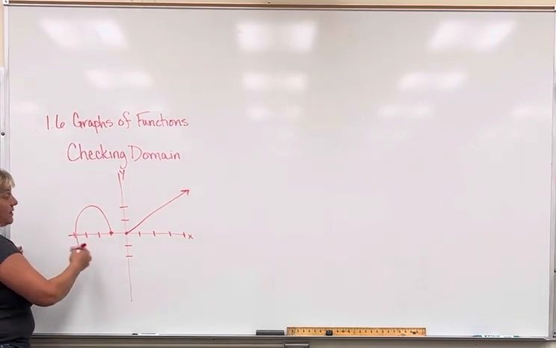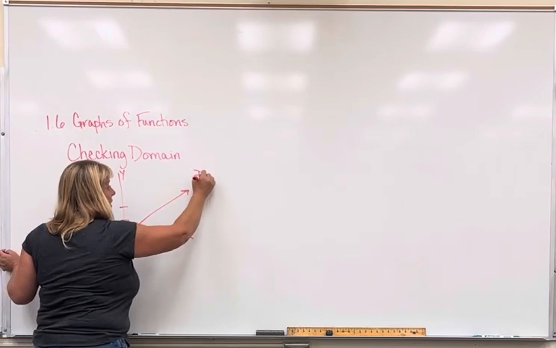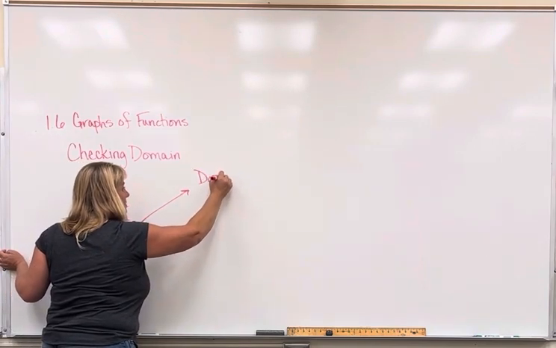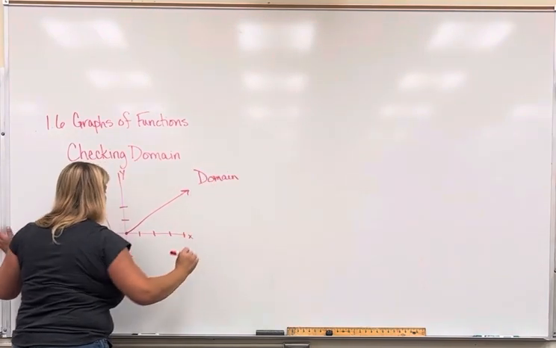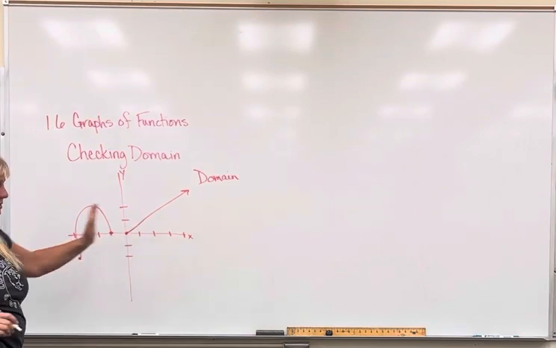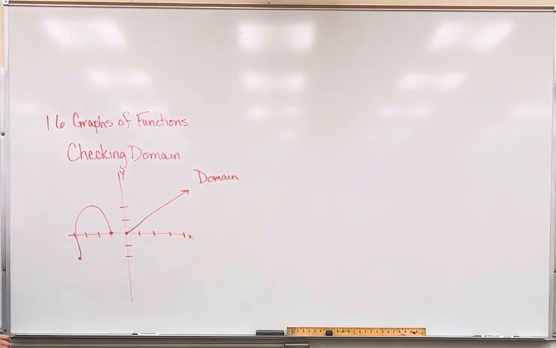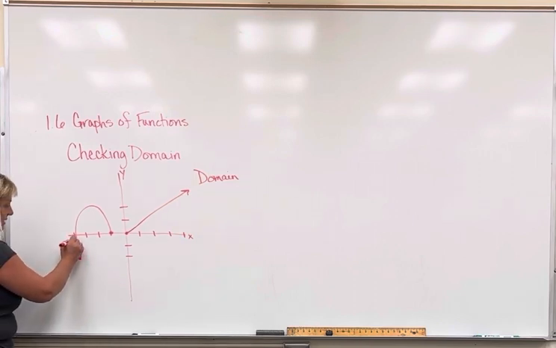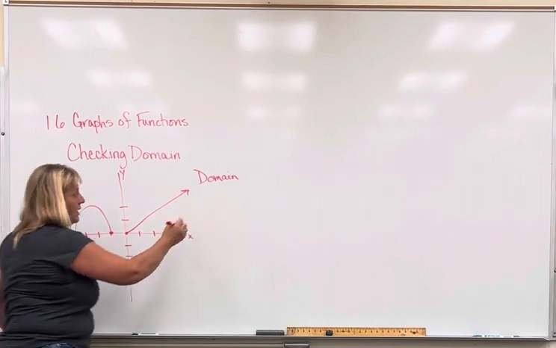So now remember that the domain is going to be the x values. So we're looking from left to right. So from left to right, what we're looking for is what is the first value that's getting used. And there's an ending, or it comes to a point here. So as we come along this way, the first value that's actually getting used on the x-axis is this -4, isn't it? So as we come this way, -4 is getting used.